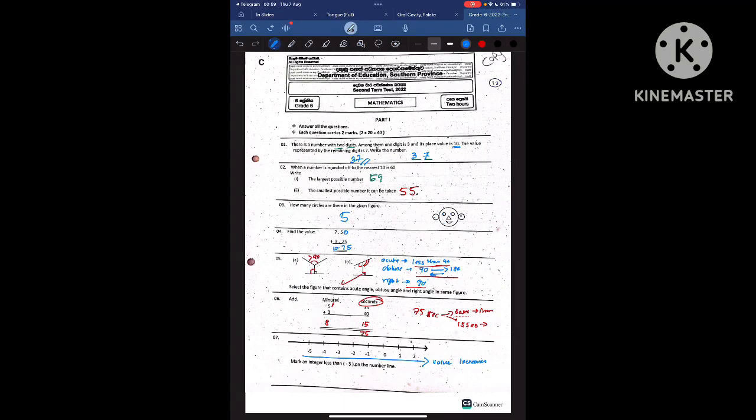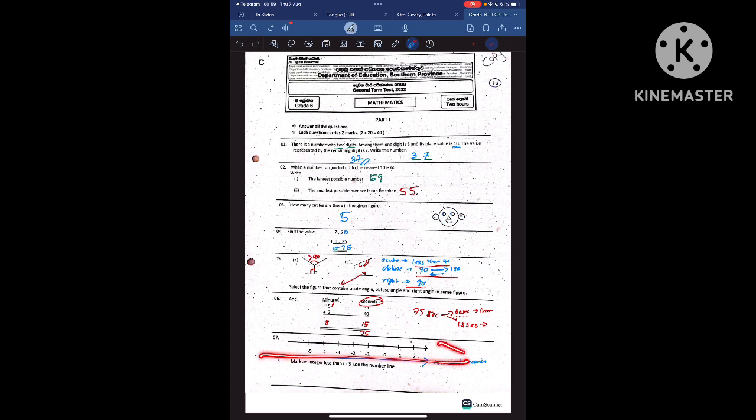So, if this side value increases, this side value decreases. Is that clear? I am telling it again.